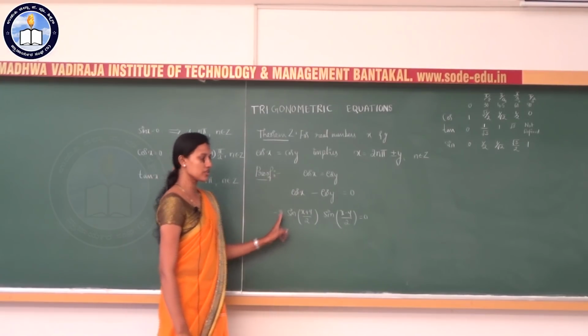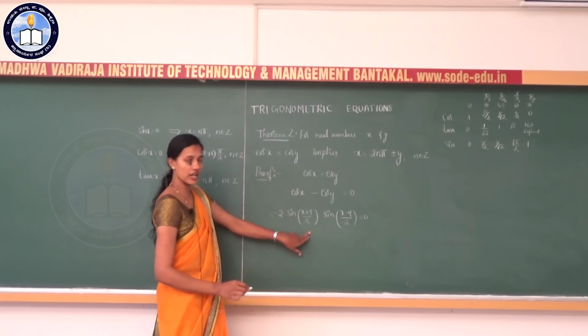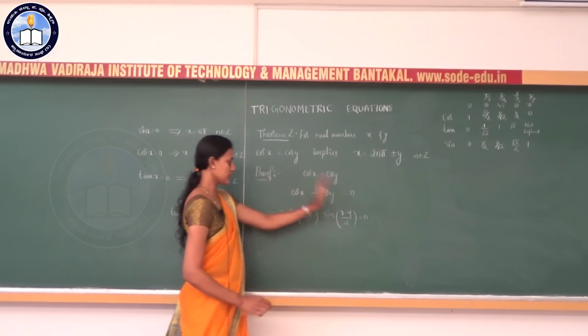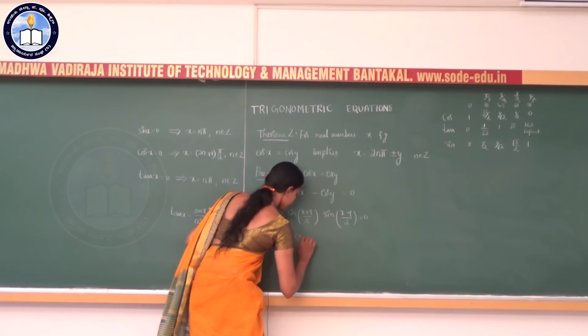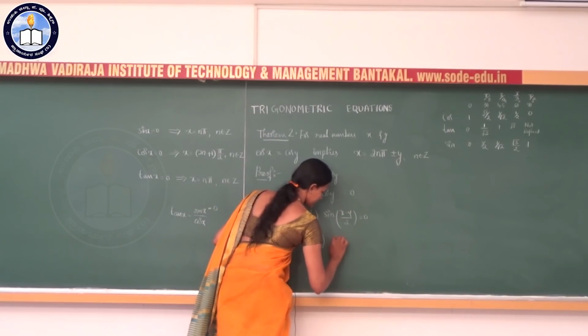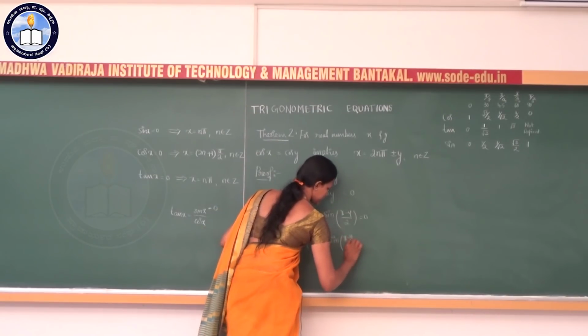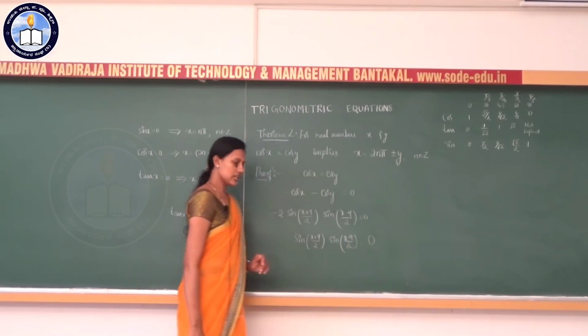We shall take this minus 2 to the right hand side. See, this minus 2 is multiplied to the sine function. So when we take it to the other side, it will be 0 by minus 2, that is 0.